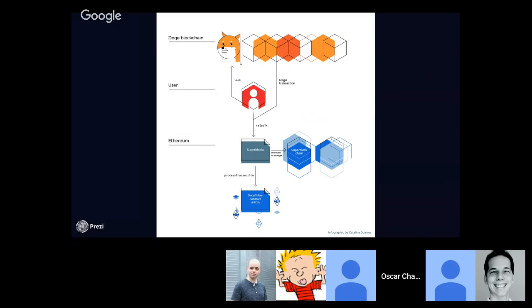And the new thing is she also has to prove that the block is included in a super block. All that is done by sending SPV proofs of inclusion. So that's all the user has to do to get the Doge tokens minted.